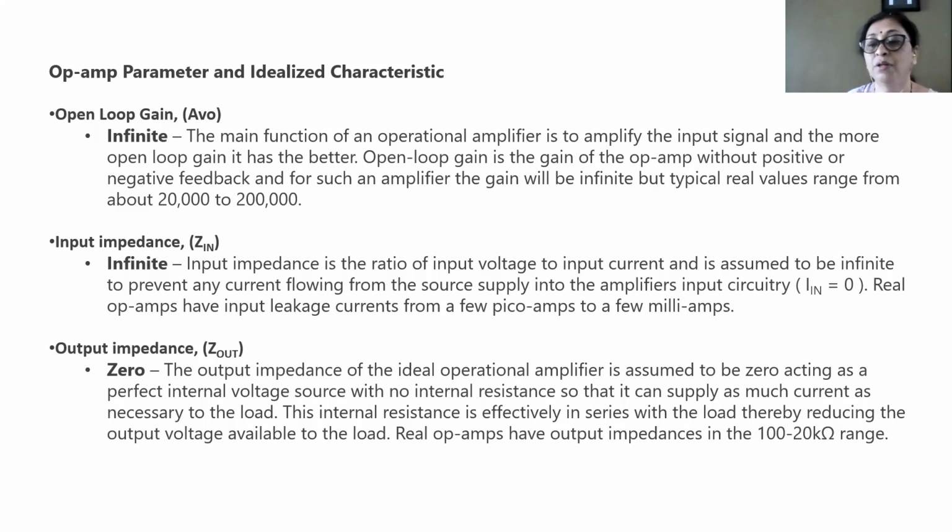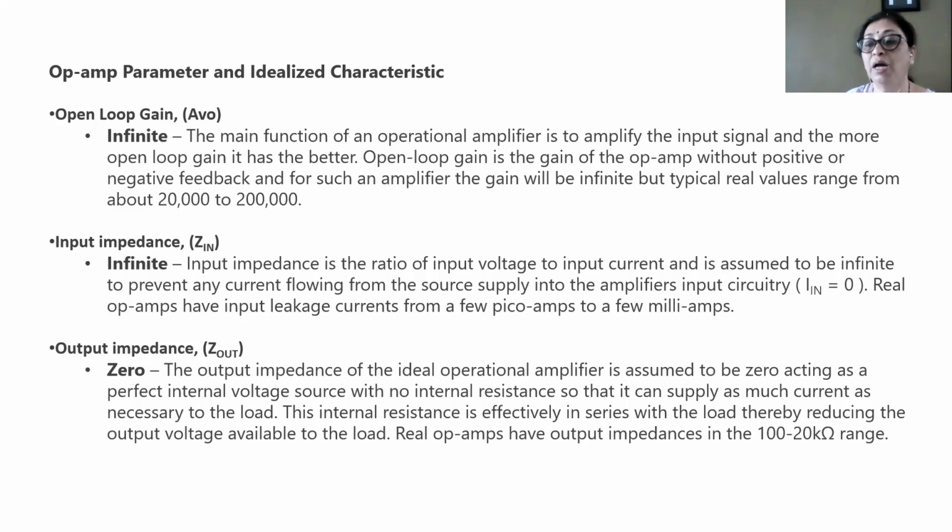Okay, now let us define the next parameter, which is nothing but your input impedance. Input impedance or input resistance, both things are the same. If you see here, the ideal value of the input impedance is again equal to infinity. So what is input impedance? It is defined as the ratio of input voltage to input current. So it is assumed to be infinity.